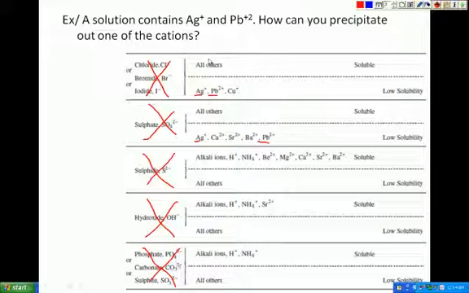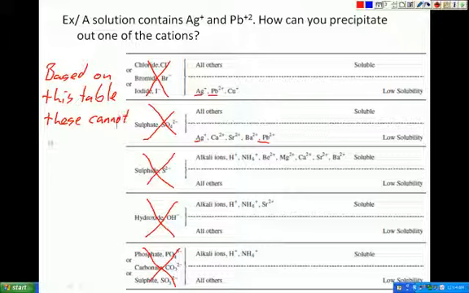But based on the table that we're given here, we can't separate them. So a bit of a trick question. On your test, you could write something like, based on this table, these cannot be separated.